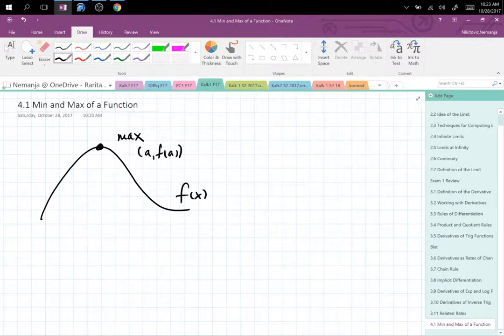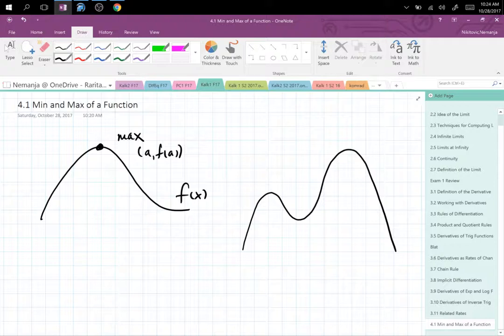And in this case, there are no higher points than that point, and that point would be considered as absolute max or global max. We can have this situation where, again, you have a max and another max.